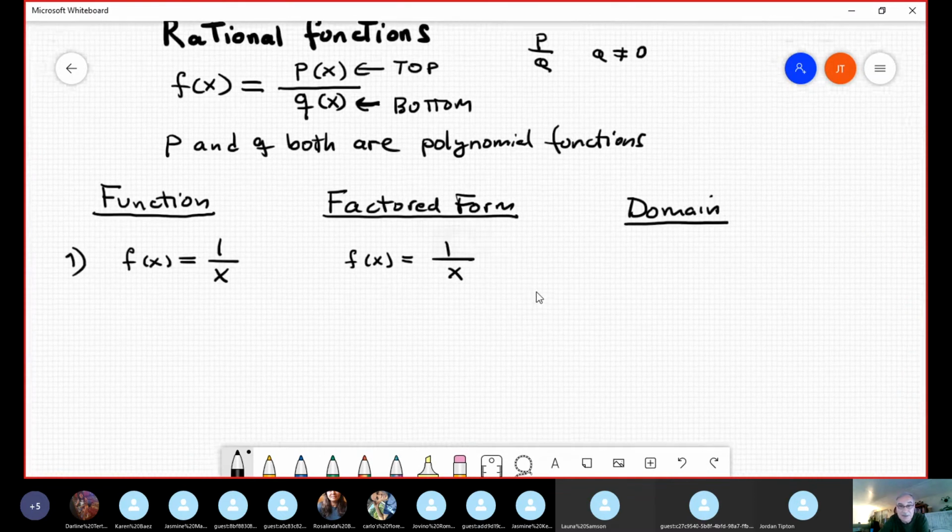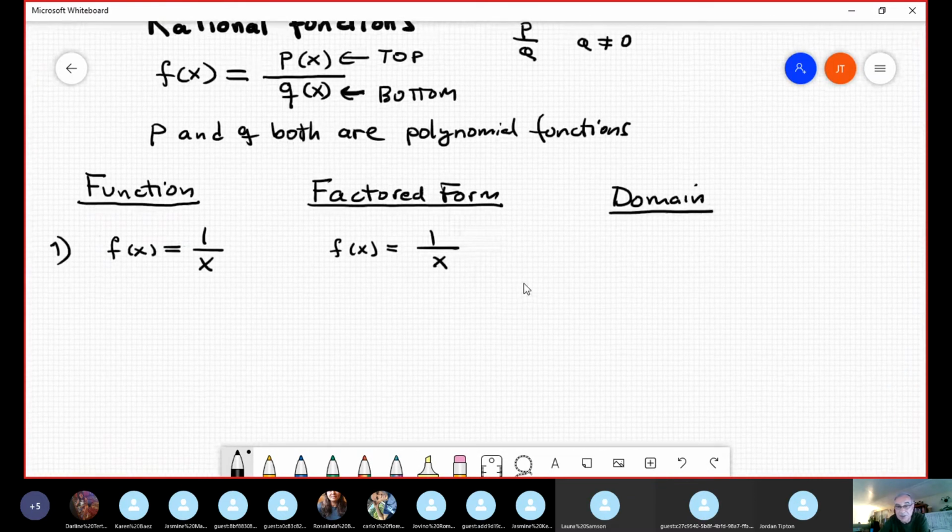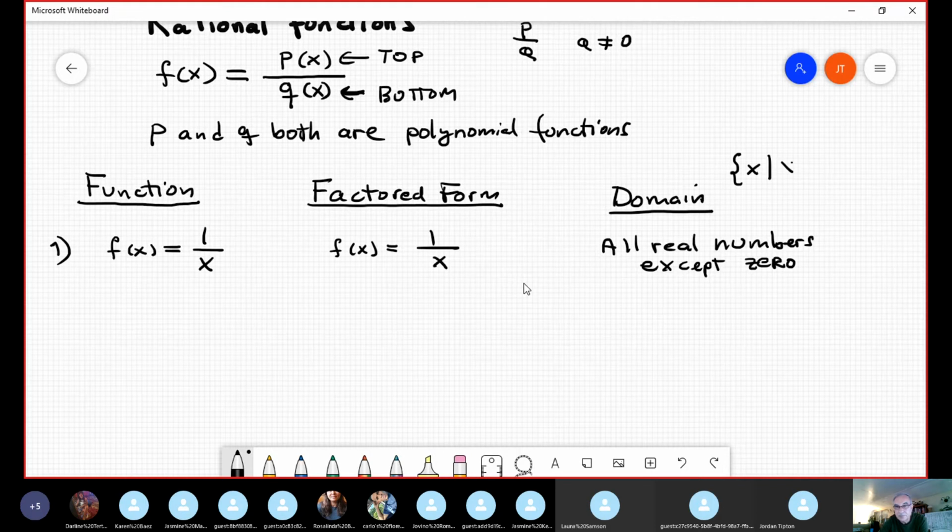How do you express this? Well, there are many ways to express this. In English, it is all real numbers except 0, no? In more sophisticated mathematical language, you write it like that. It's x such that x not equal to 0.